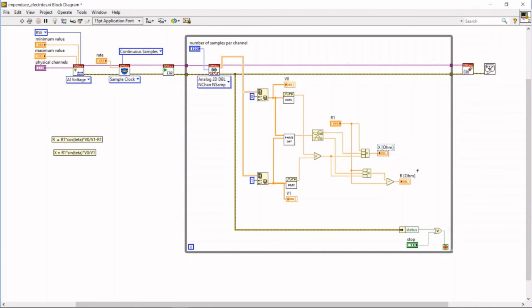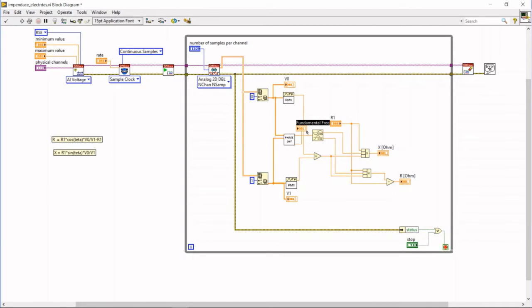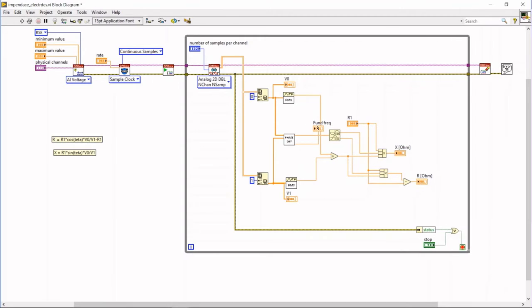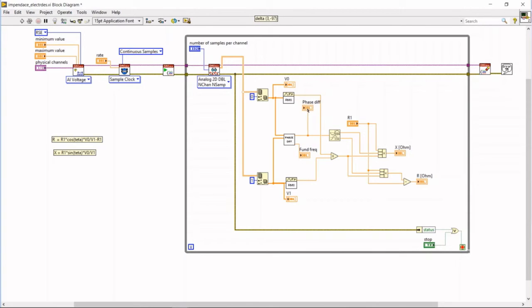So we have our X, R, and we're going to set this fundamental frequency as indicator. I'm going to call it fund freq, so it has less space, and here it is. Also, we are going to place this phase difference as the indicator also. So here it is. This is phase difference in radians.